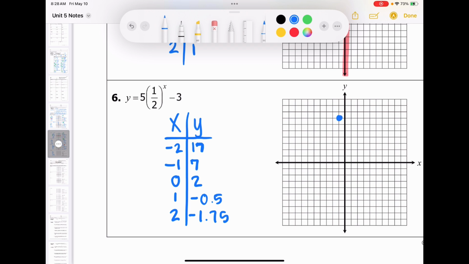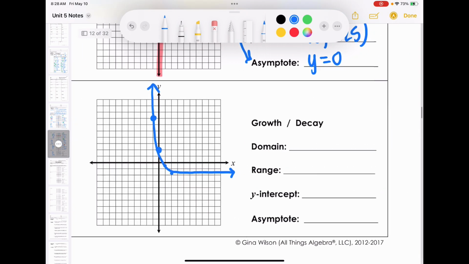All right, then 0, 2, 1, -0.5, and then 2 is -1.75. So our graph goes like this. And then we're going to do the key features.